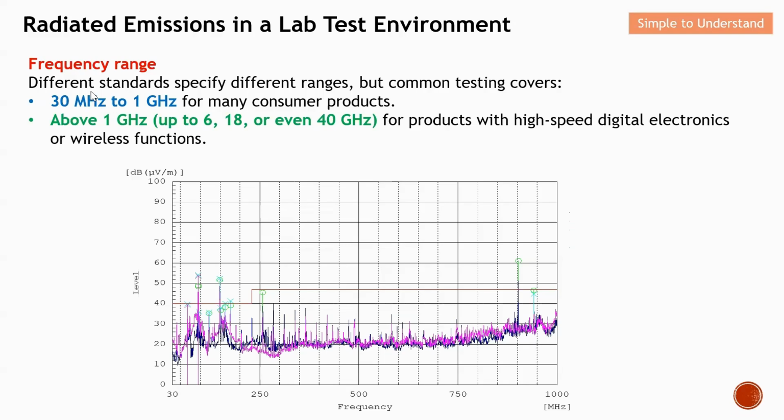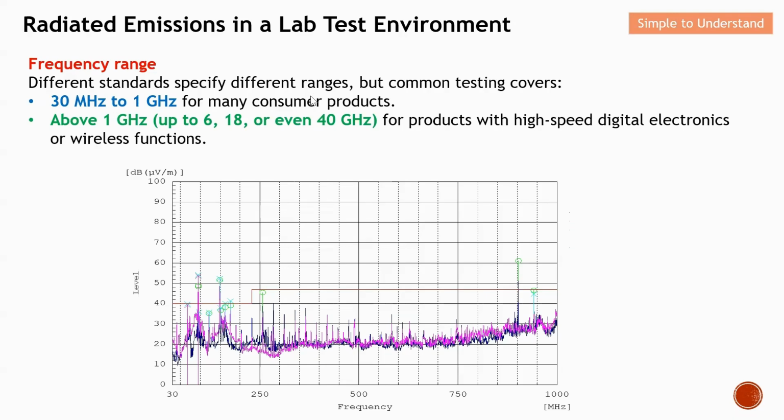Next, let me explain the frequency range of testing. In fact, different standards specify different ranges of frequency, but common testing basically covers two. Basically the 30 megahertz to 1 gigahertz, which is a very, very common standard. Okay, so it is mentioned over here.